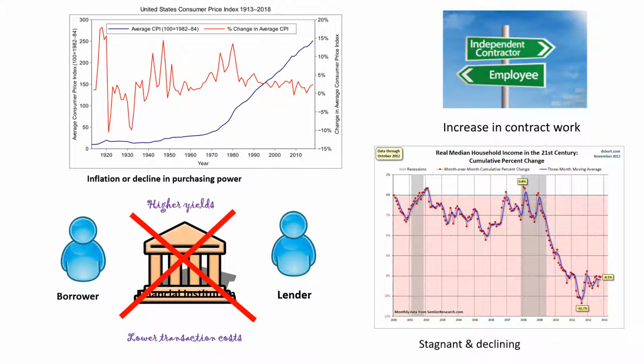If these trends occur in tandem with declines in purchasing power or even inflation, individuals, you and I, may find it difficult to meet our needs. Sometimes we may have to resort to peer-to-peer lending, which is a very convenient way to get access to credit to meet our daily needs.